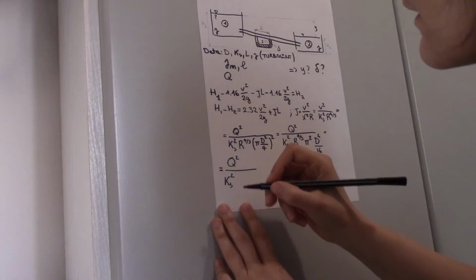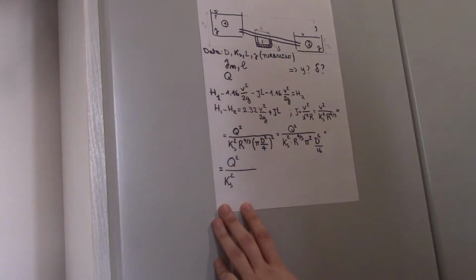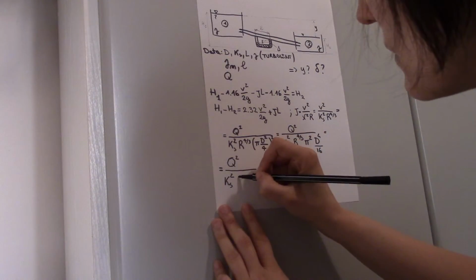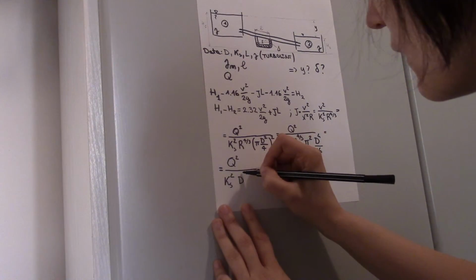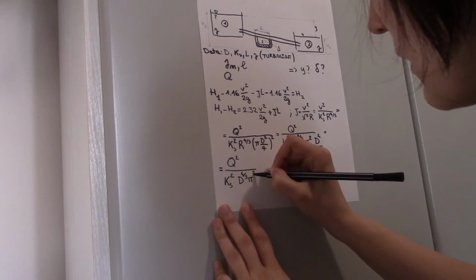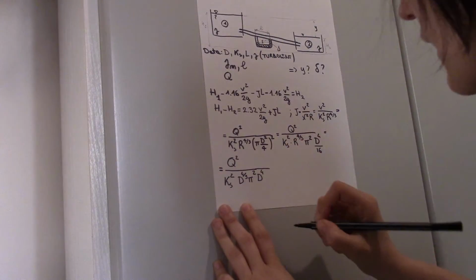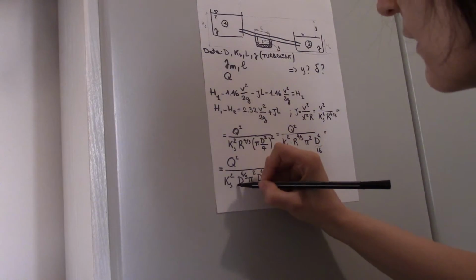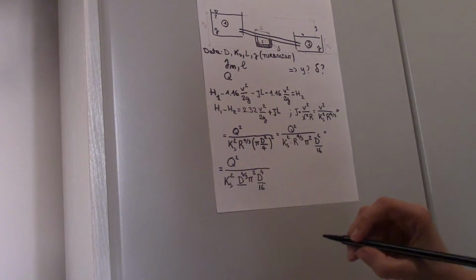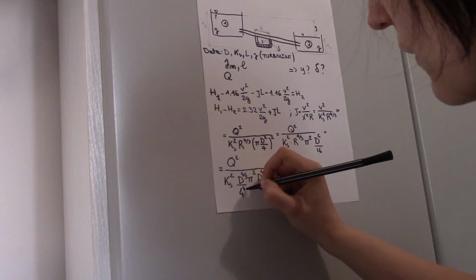R is d over 4, because we are talking about a circular pipe, so we will get d to the power of 4 over 3 pi to the power of 2, d to the power of 4, and then we have right here 16, and it was 4 to the power of 4 over 3.